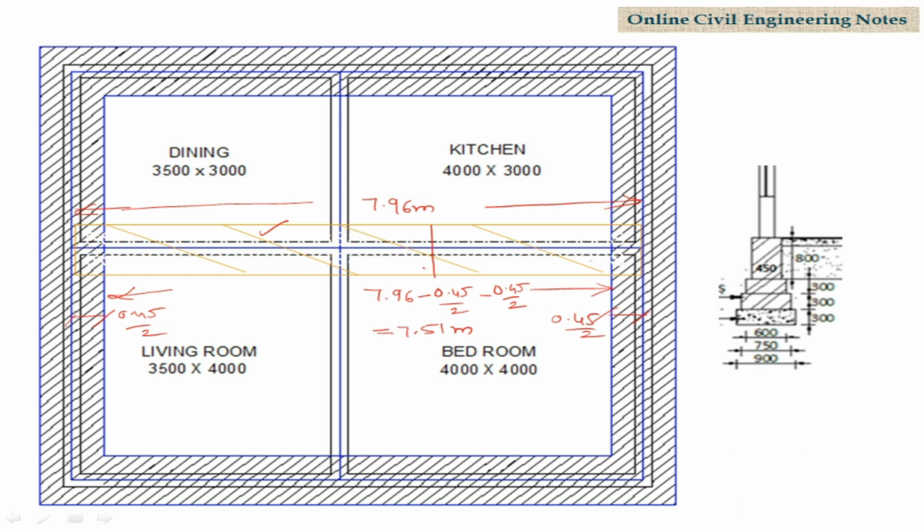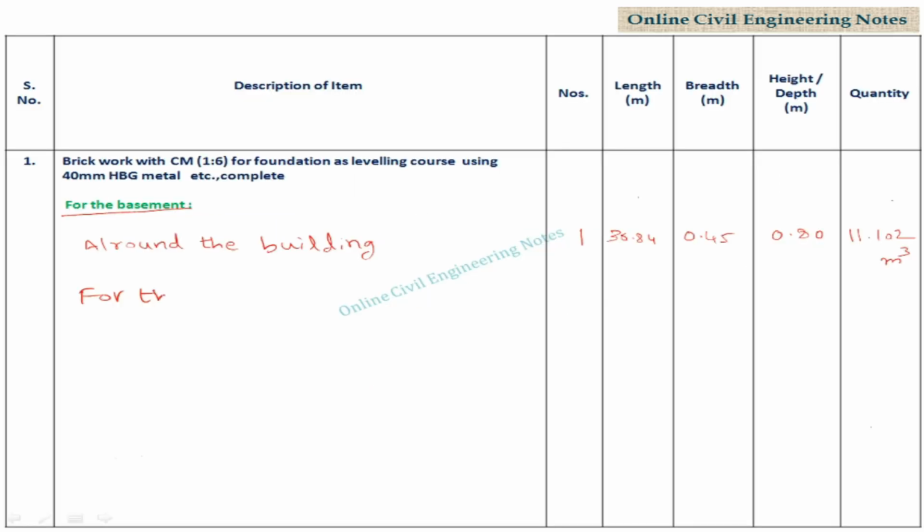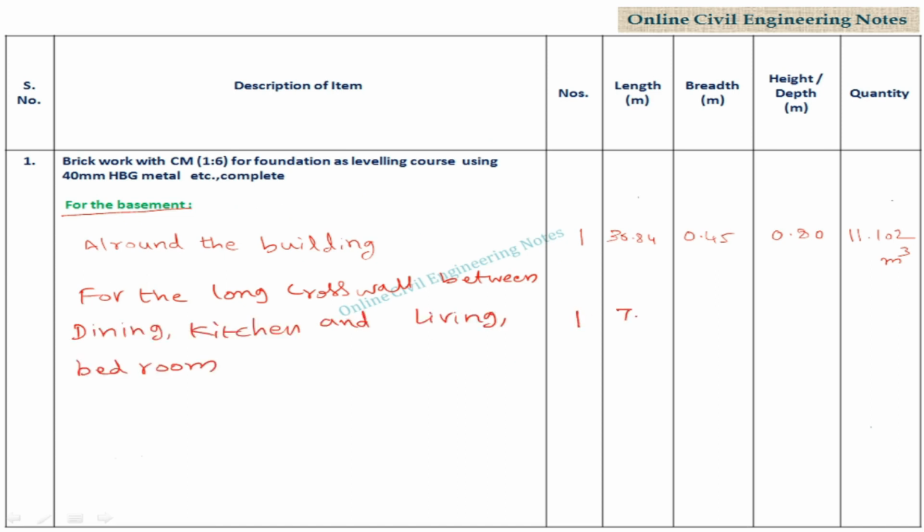We know the width of basement is 0.45 and depth is 0.8 meters. For the long cross wall between dining and kitchen and living bedroom, number is 1, length is 7.51 meters, width 0.45, depth 0.80 meters. Quantity is 2.703 cubic meter.